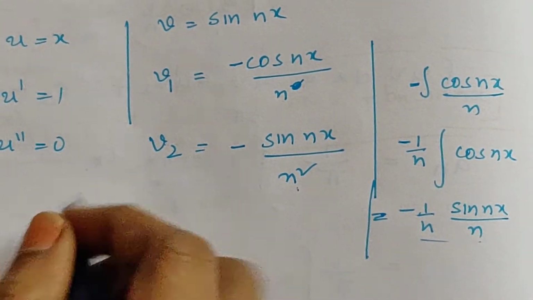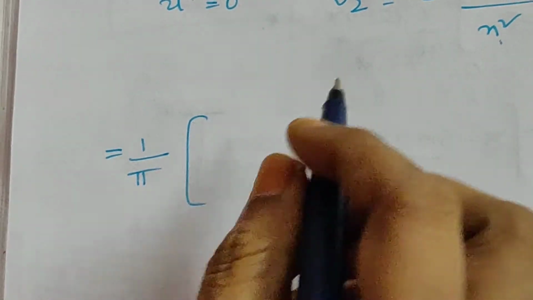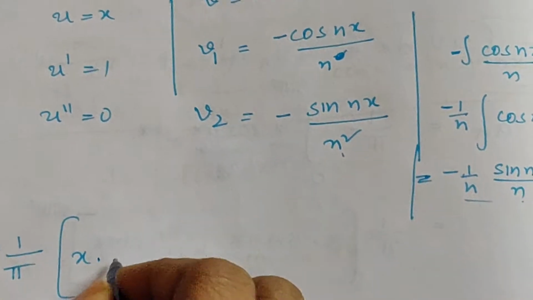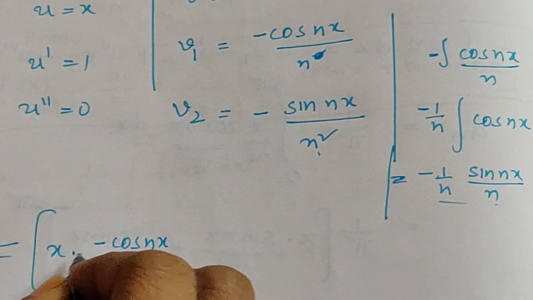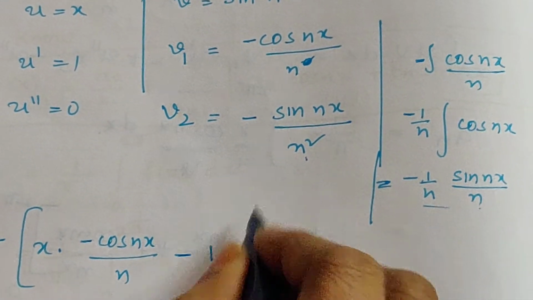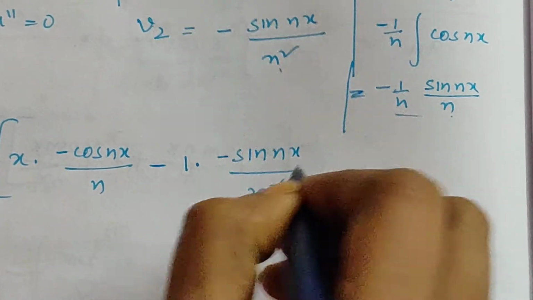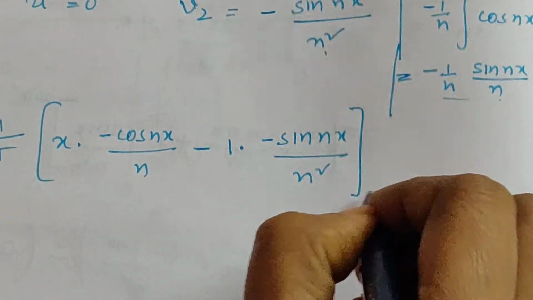Now apply the formula: 1/π, u v1 minus u dash v2, plus u double dash, and as it is 0, the formula stops.